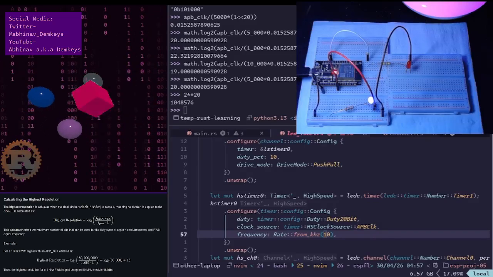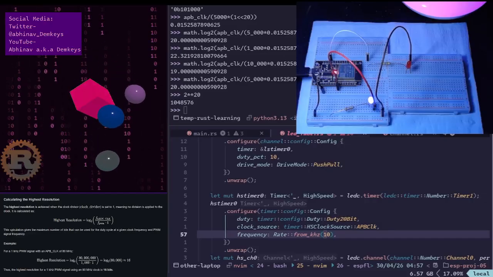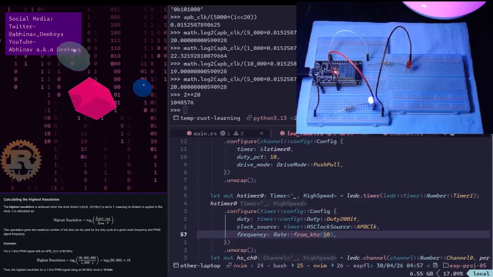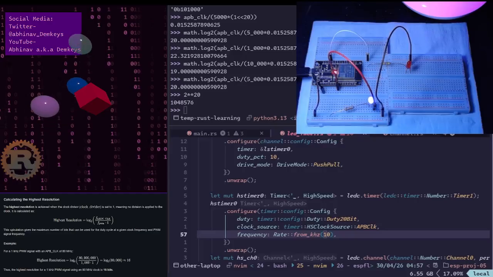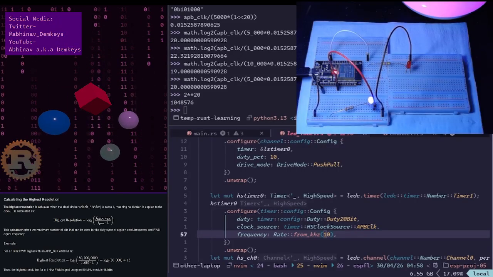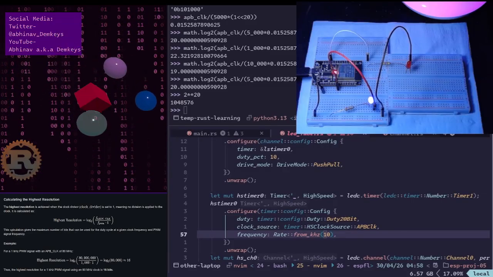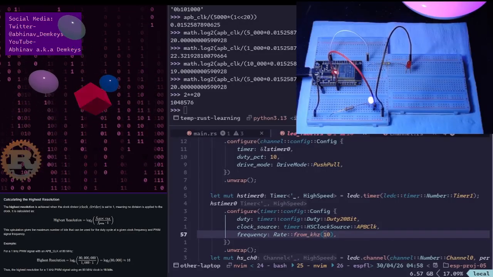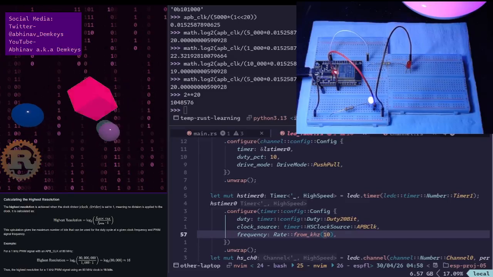Though, yeah, that would be a constraint, wouldn't it? Because the counter has a limit. The counter register has a limit for the number of values that it can set.